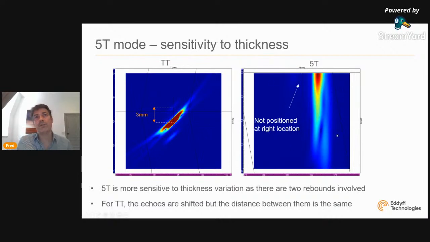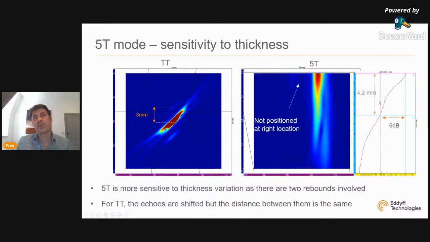But if I do my -6 dB drop, so I have my echo dynamic here, 6 dB, here I would be oversizing my defect if I'm only using this and if I'm not using that information. So we see here that the 5T is even more sensitive to errors we are making on the thickness measurement.